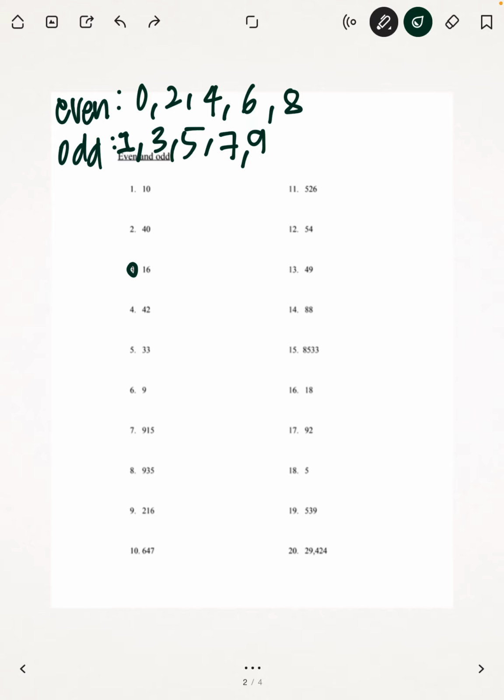So the number 16 is an even number. Next, we're going to be doing number 7, 915. So what is the last number in 915? And 5 is the last number, and 5 is an odd number, so 915 is an odd number.